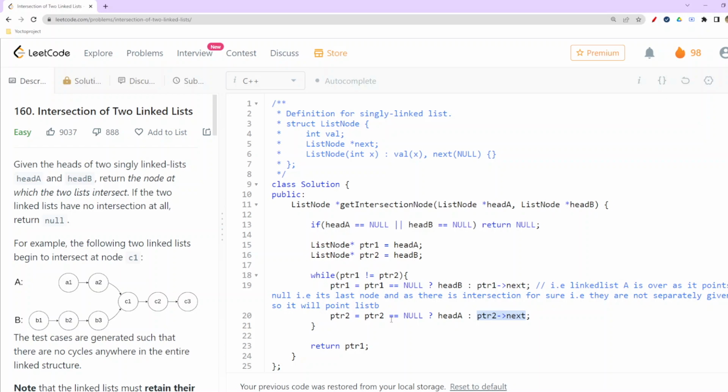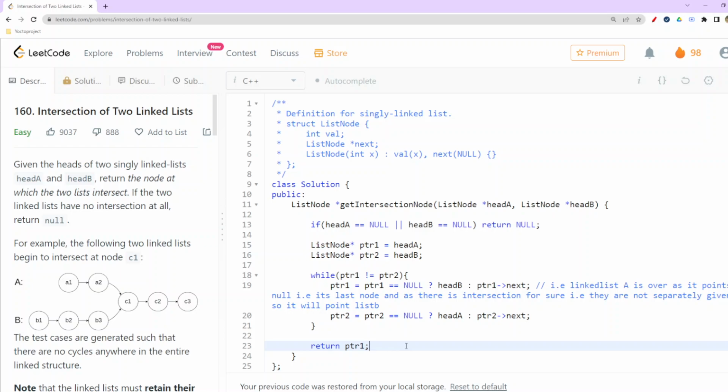So while doing this, if we reach a point where both of them are equal, because it is now already pointing towards head B, and head B would be moving ahead, and at a particular point both of them point towards a single address, then we would exit this loop and we'll return pointer 1. So this is the logic behind it.